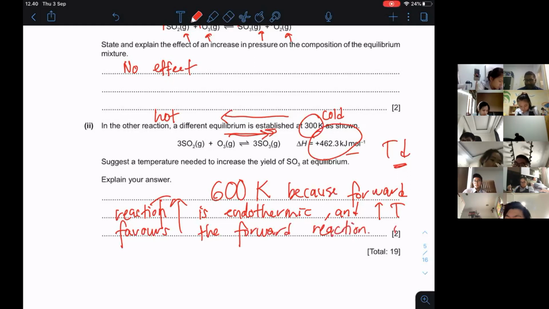They will mention that it is endothermic, or that it favors the endothermic reaction, or something like that. This will give you the 2 marks.